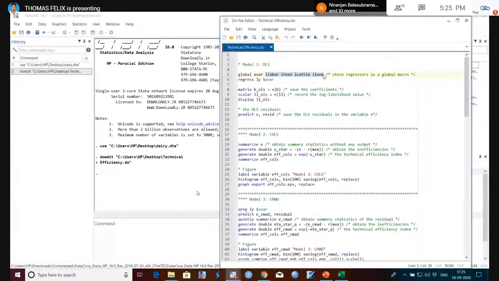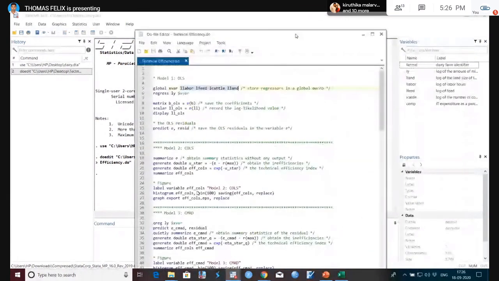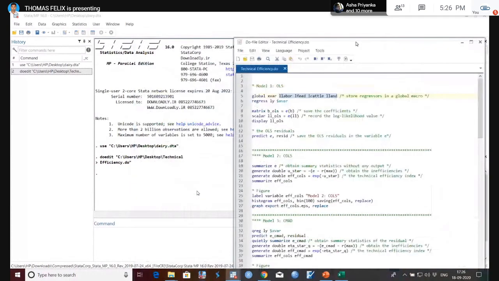Usually for the equation, we can use the Cobb-Douglas function or the translog function to derive the technical efficiency. I am using the Cobb-Douglas function. The Cobb-Douglas function is nothing but we have to take the log for both the dependent variable as well as the independent variables. So all the variables I have are logged values only, and I am directly taking the values.